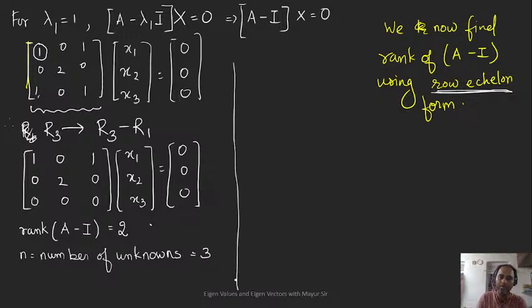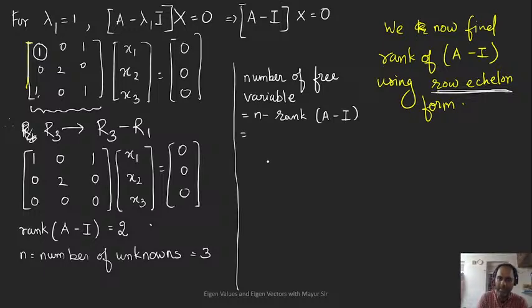So the number of free variables is equal to n minus rank of A minus I. So n is 3 and this is 2, so this is 1. So one variable is free.